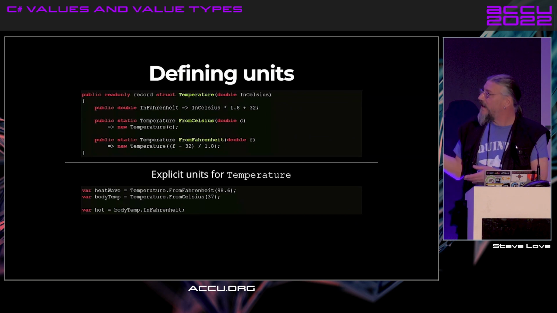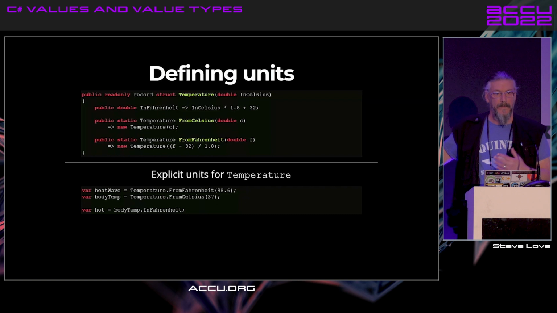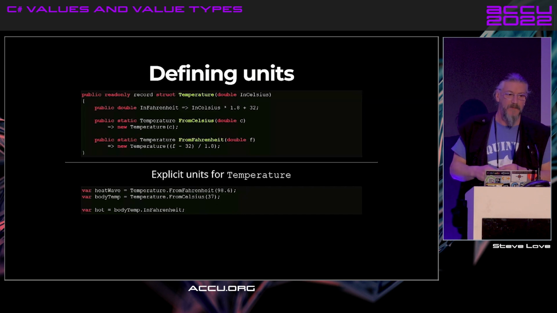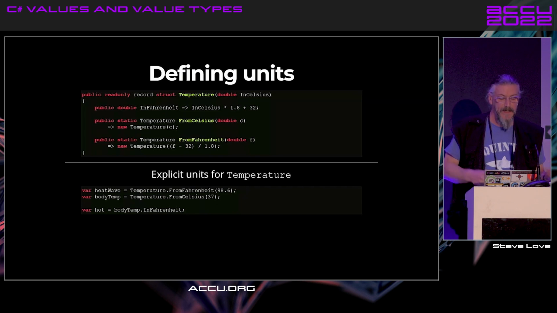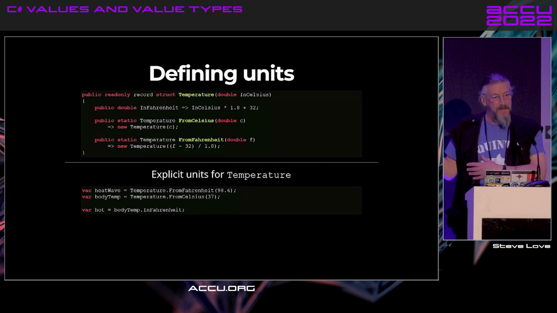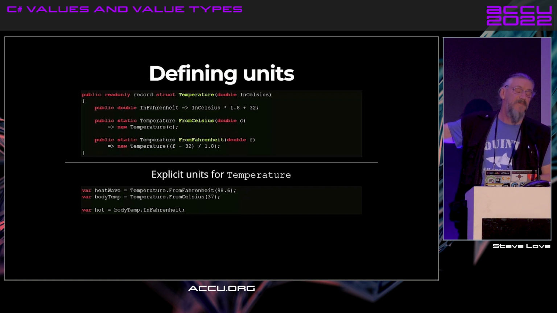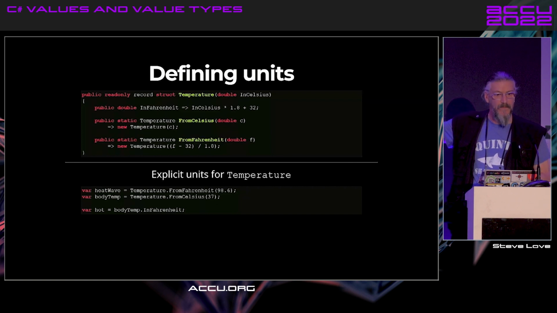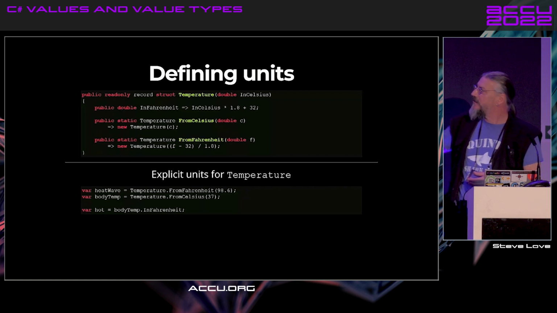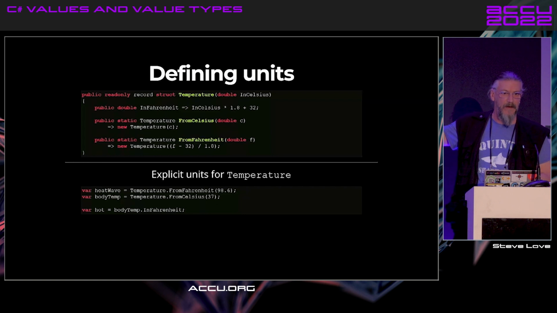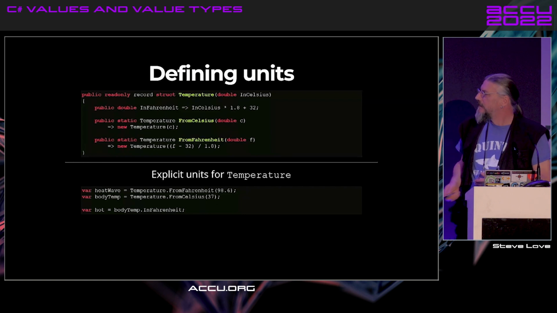A common way of doing it is to have these from methods, which are called class factory methods, so they're static methods that return an instance of temperature, but we're encoding the units in the name of the method. They perform the relevant conversion, and we're saying implicitly that Celsius is the native units for temperature, and we convert to Celsius when we call the from Fahrenheit static method.